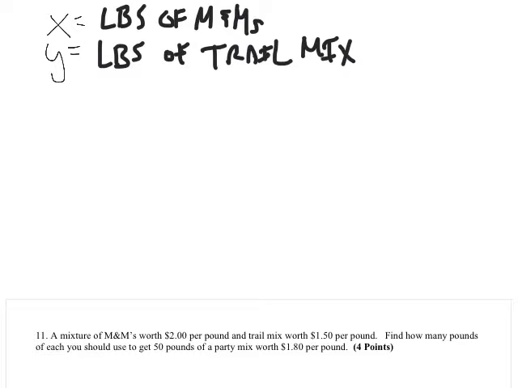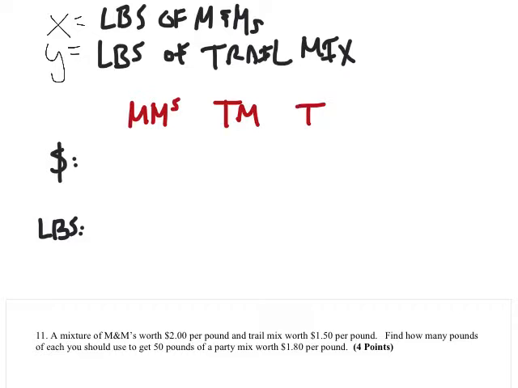Alright, so to write these two equations, the first thing we're going to do is look at an equation that has to do with money. And the second we'll look at and we'll compare pounds. And in these equations we're going to compare M&Ms and trail mix.